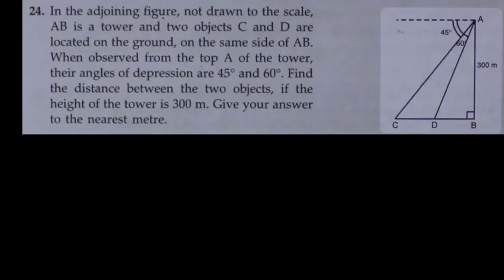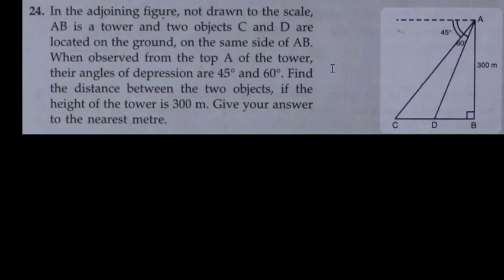Now here we have question number 24. In the adjoining figure, not drawn to scale, AB is a tower and two objects C and D are located on the ground. As you can see in the figure, they are located on the ground on the same side of AB.